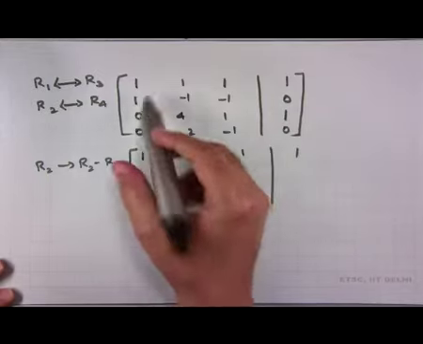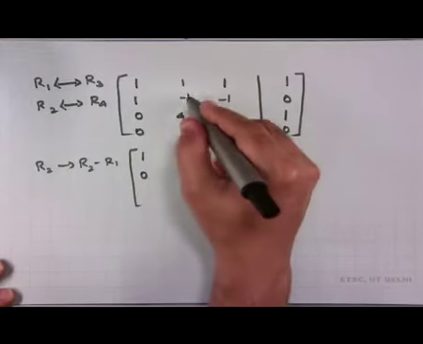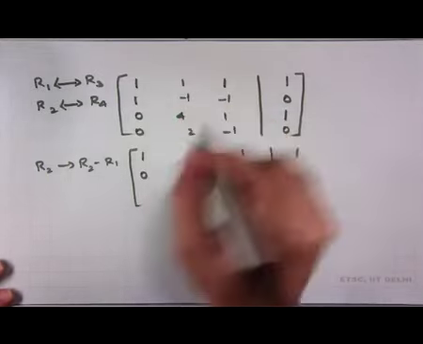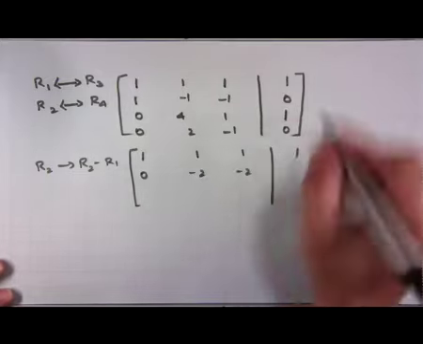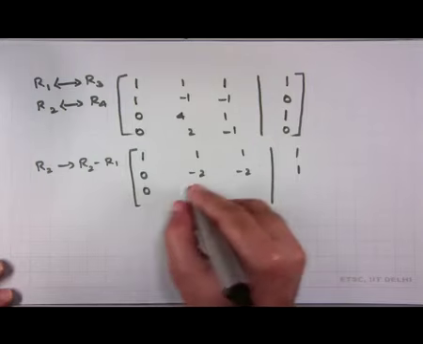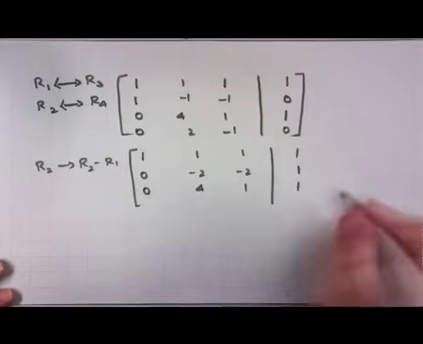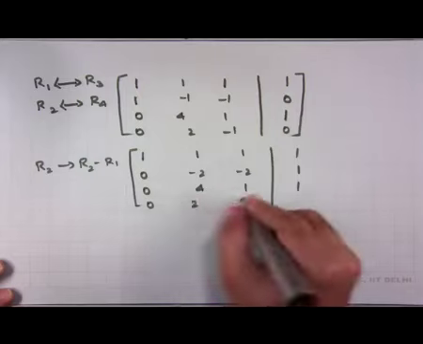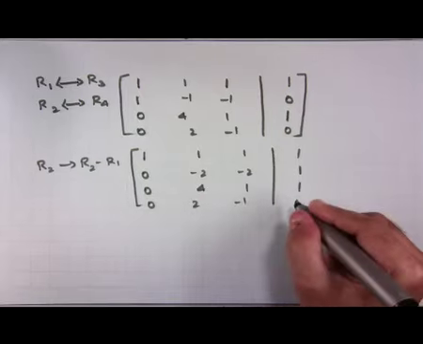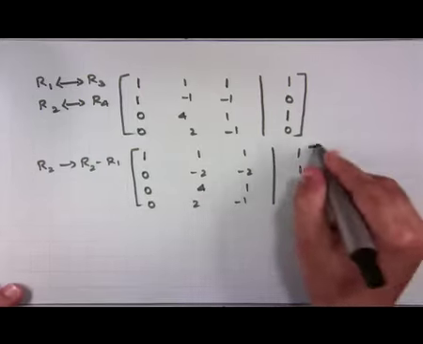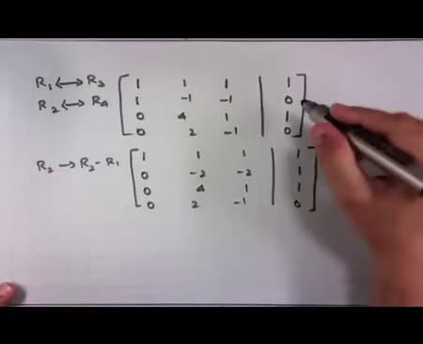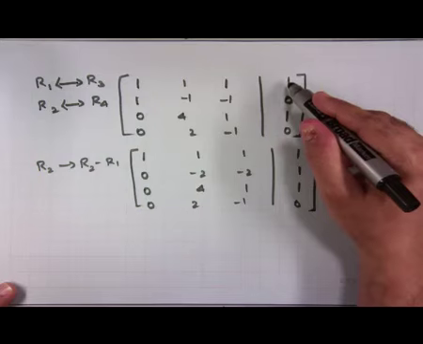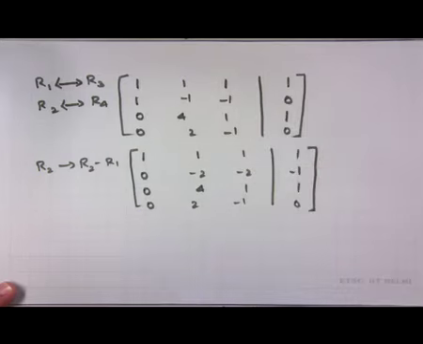Second row, R 2 minus R 1: you have 0, minus 1 minus 1 which is minus 2, again minus 2, 0 minus 1 which is minus 1 over here.